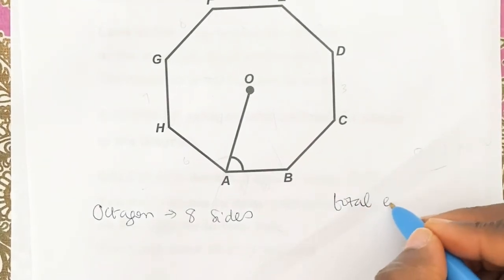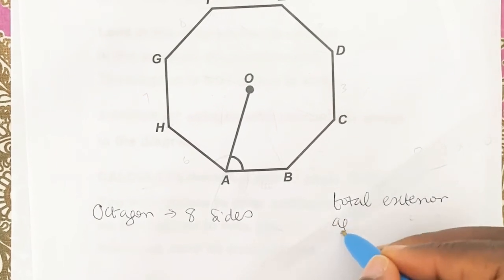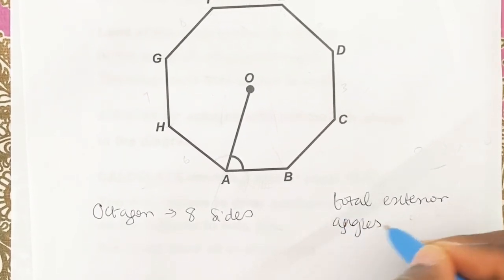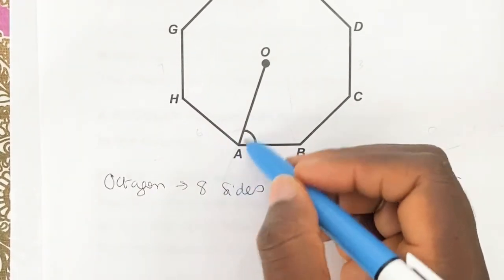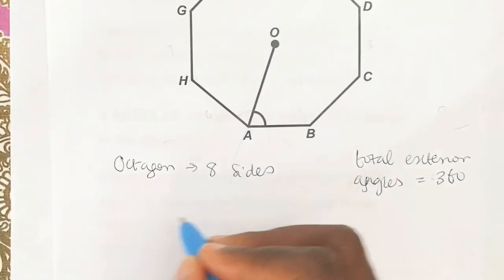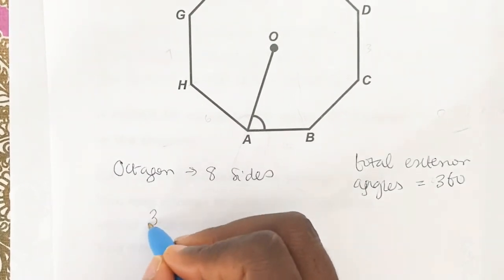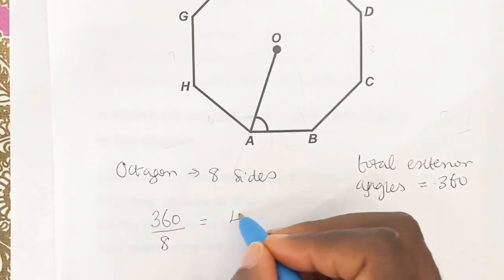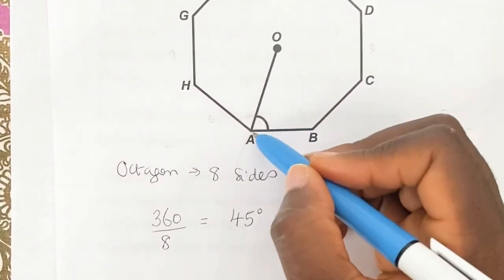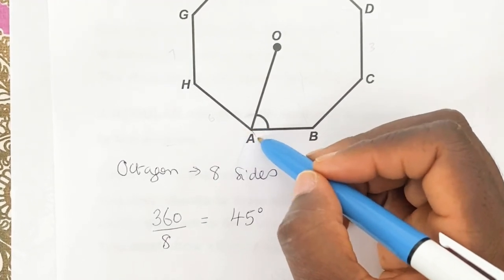I'm just doing this quickly, but you can explain it as much as you can. So to get the individual exterior angle, that would be 360 divided by 8, which is equal to 45 degrees. So this angle right here would be equal to 45 degrees.